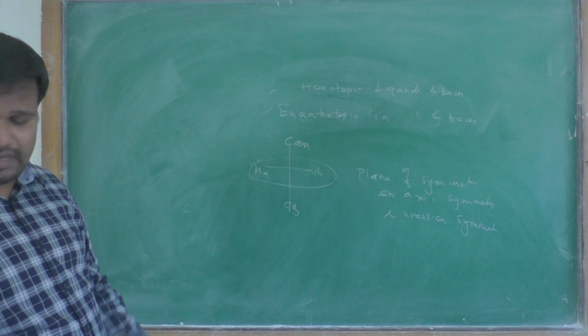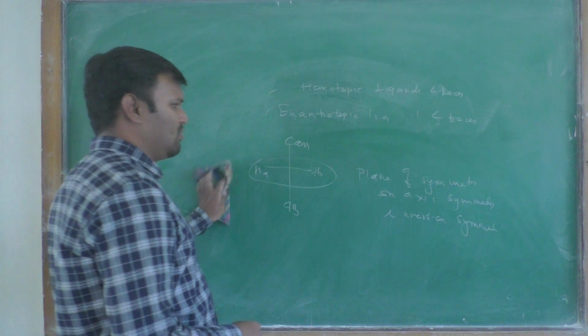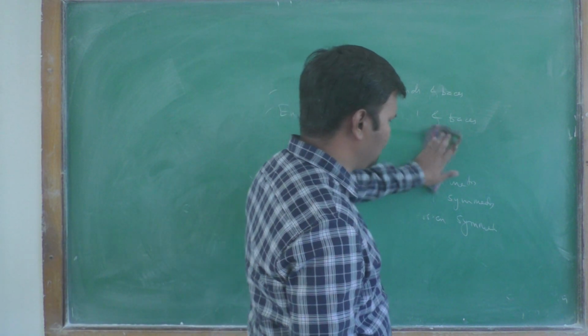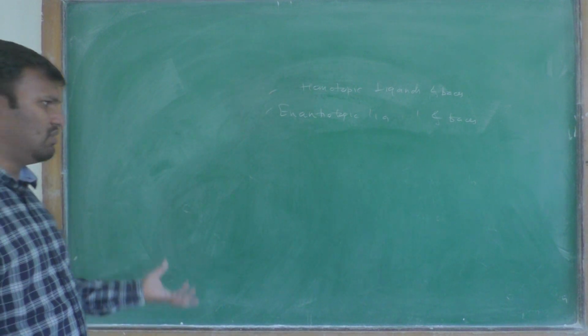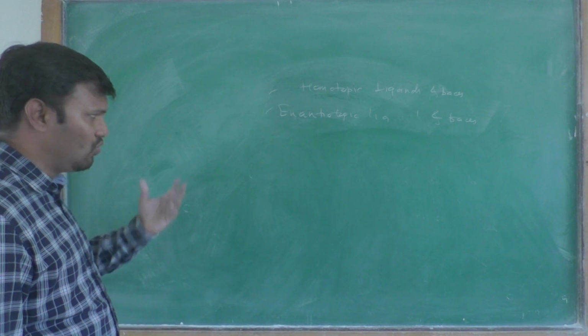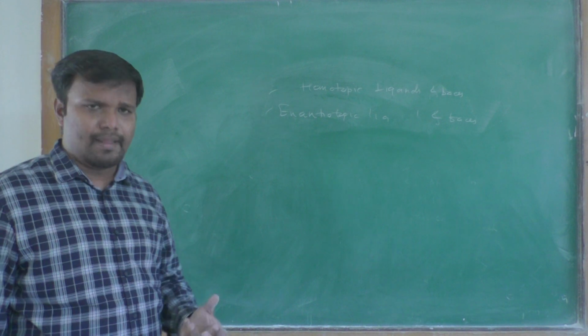If a plane of symmetry is there, or an Sn axis, or inversion symmetry is there, these groups should be considered as enantiotopic groups.